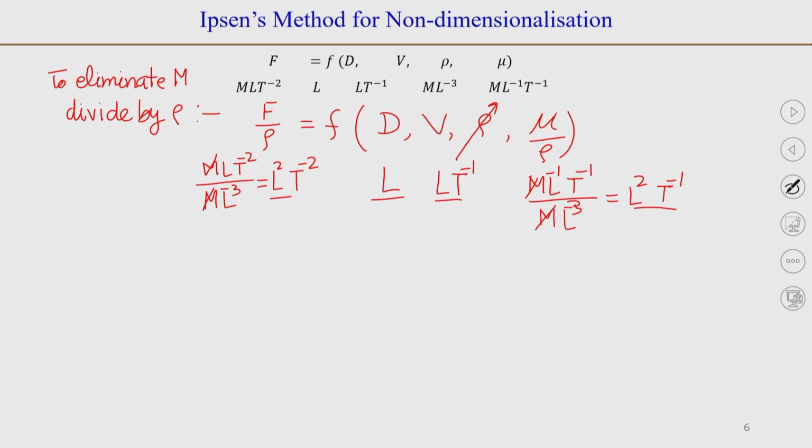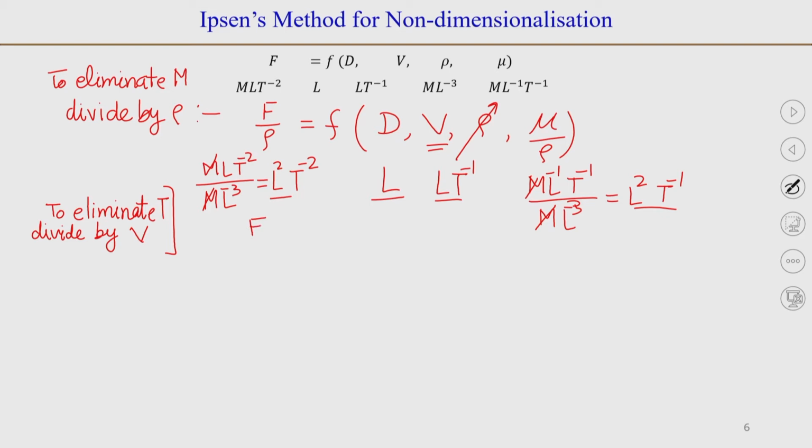So, let us try another variable T, and for T we will choose velocity V. So, let us eliminate T. To eliminate T, let us divide by velocity V. So, we have to divide or multiply in such a manner that the dimension of time is eliminated.